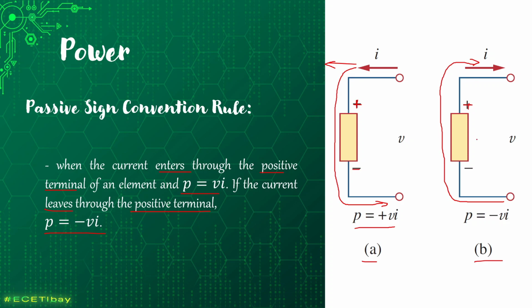It means that it leaves through the positive terminal. Therefore the power is a negative value. That is the passive sign convention rule.